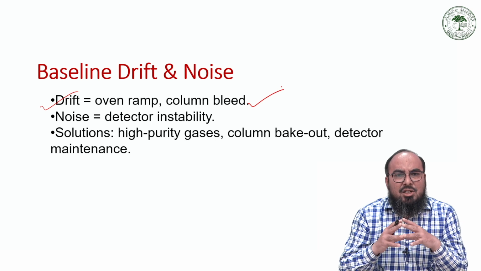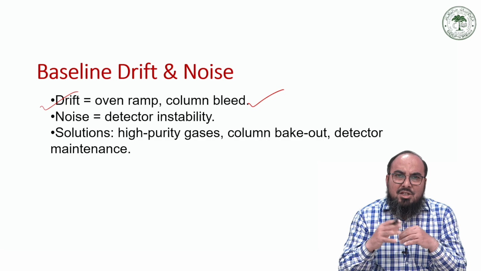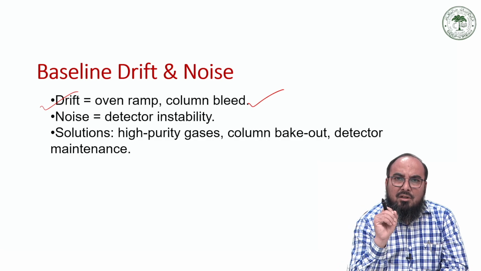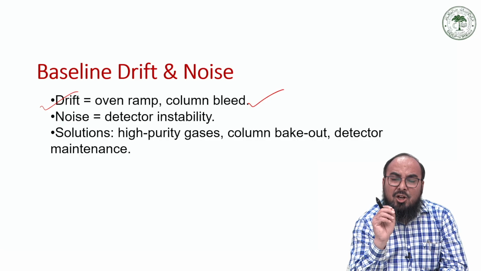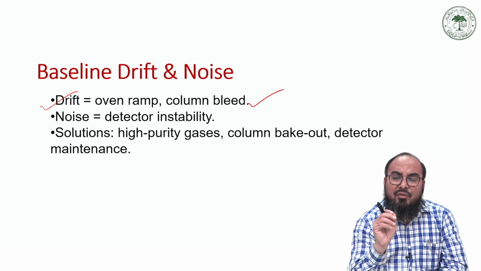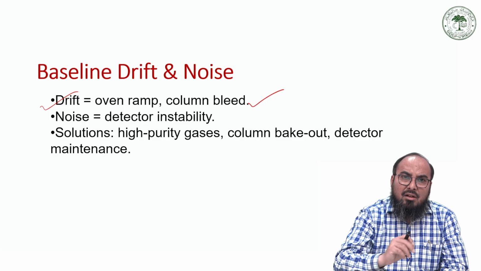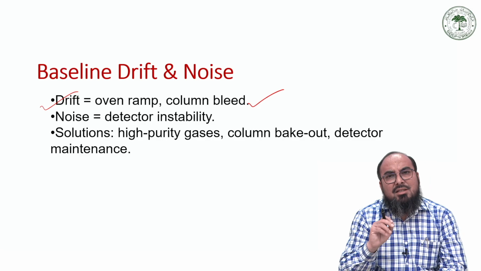Column bleed is that situation in which you increase the temperature of your oven in such a way that your stationary phase, which is packed in the column, starts decomposing, and because of the decomposing of the stationary phase, the stationary phase also starts eluting with the eluent, with the sample. So that is called column bleed.